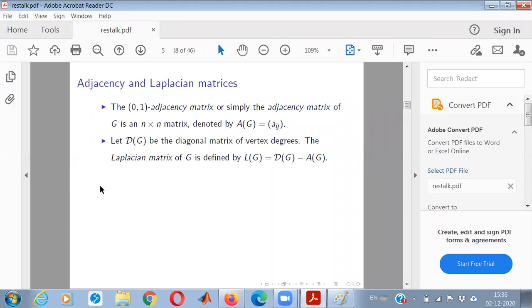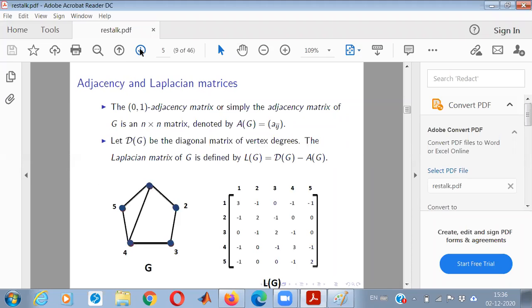The Laplacian matrix is the diagonal matrix of degrees, which I denote by script D of G, minus the adjacency matrix. I talk about its basic properties: it is a symmetric matrix and so on. So here is an example. In this graph, as you can see, the zeros and minus ones are put depending on the adjacency of the vertices.